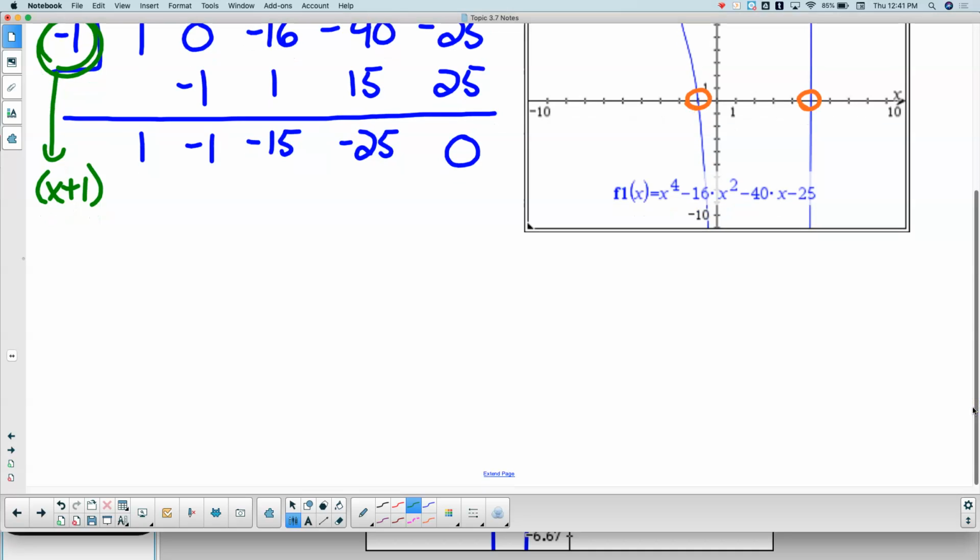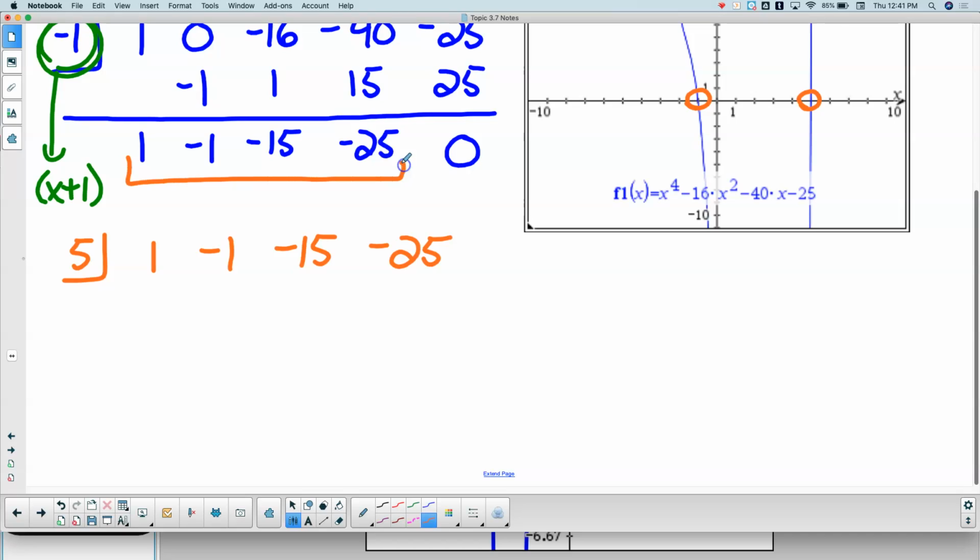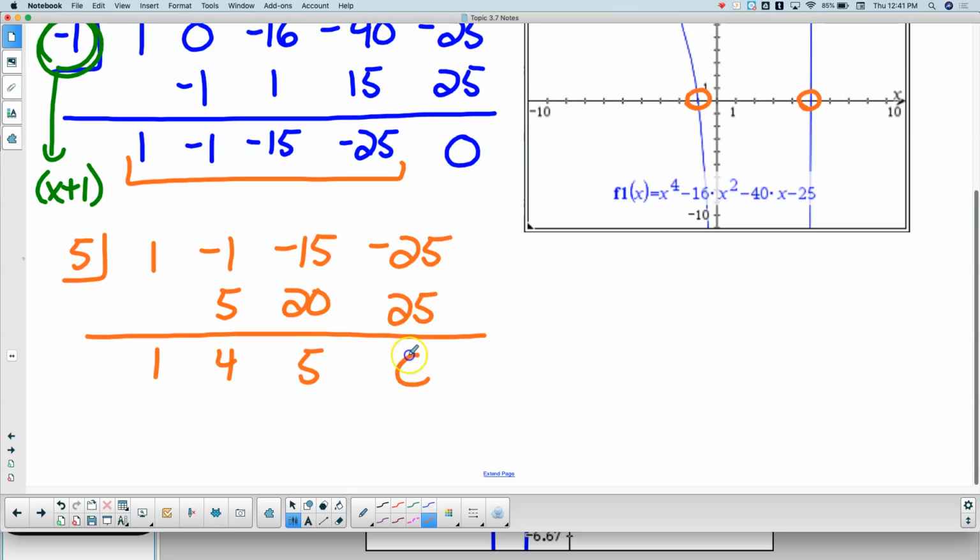Then from there, I'm going to put the other one we were going to try, which was 5. 5 into 1, -1, -15, -25. 1, 5, 4, 20, 25, 25, 0.